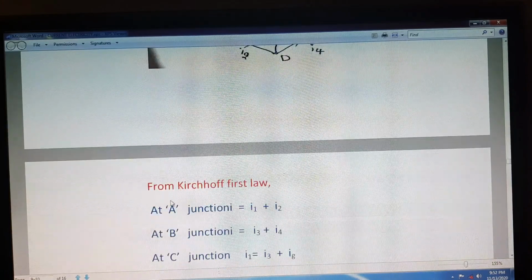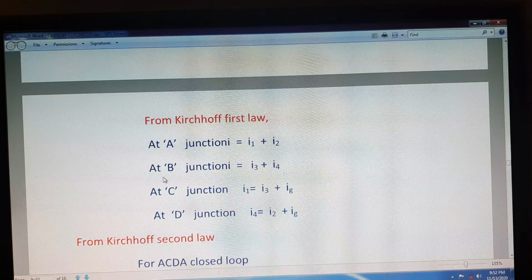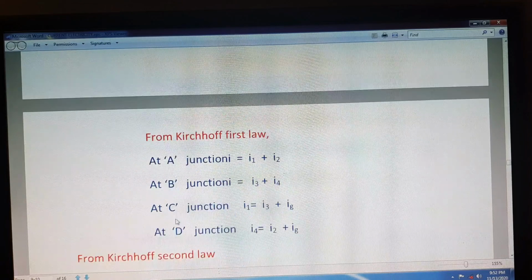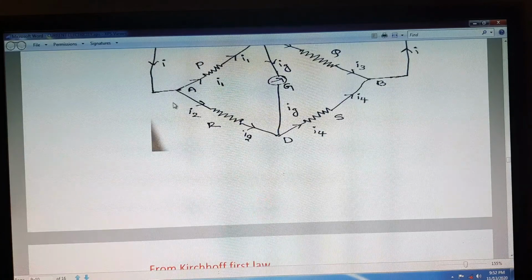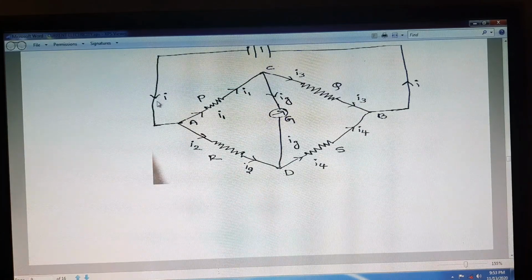So we can apply Kirchhoff's first law at junction A, at junction B, at junction C, at junction D. At A junction, Kirchhoff's first law tells about the electric current in the circuit. At A junction, I is equal to I1 plus I2. The entering current is I, and the leaving currents are I1, I2.